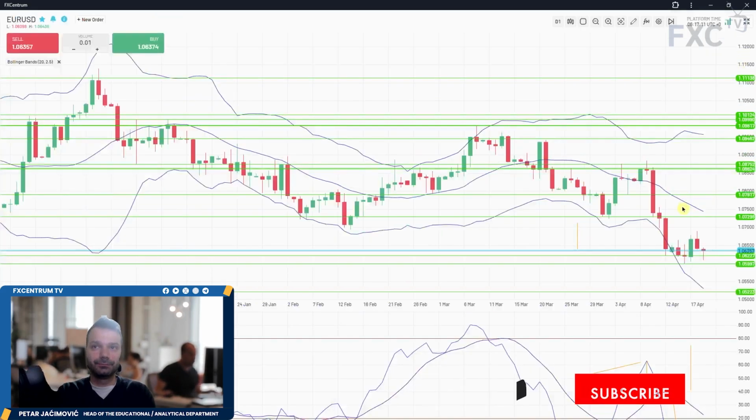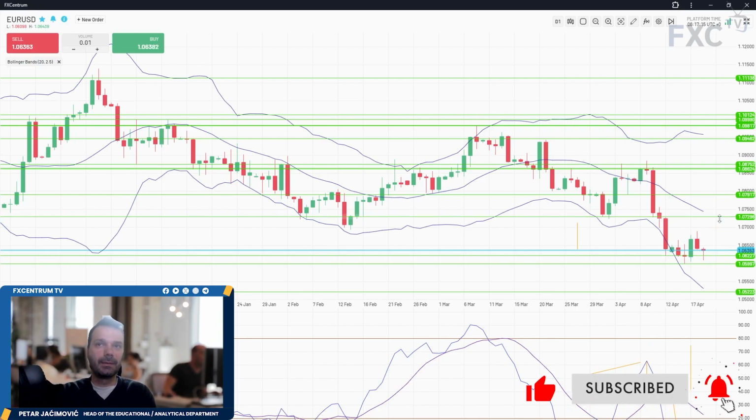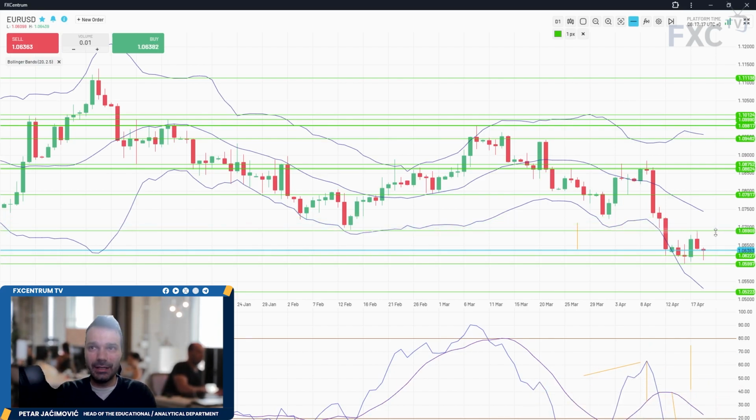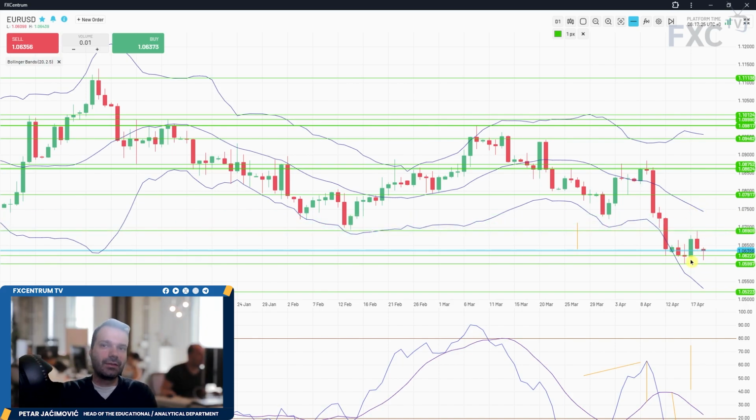Euro dollar is trying to break the 1.0600 mark. This is a key support. From the other side, we have resistance around 1.0690, 1.0700, and 1.0735. So still consolidation. You can see that we now have a lower spread compared to this.